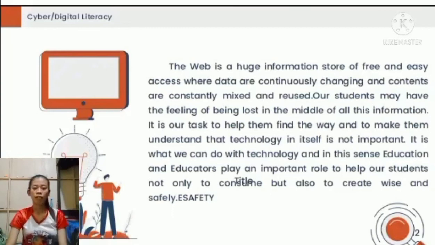Many people assume that the web is the same as the internet and use the terms interchangeably, a way that can be exchanged. It is what we can do with technologies, and in this sense, education and educators play an important role to help our students not only to consume but also to create wisely and safely.